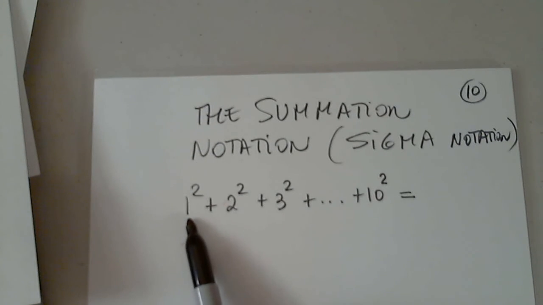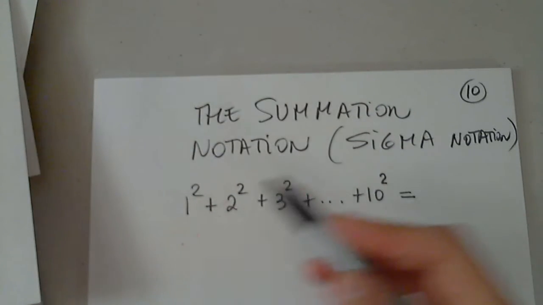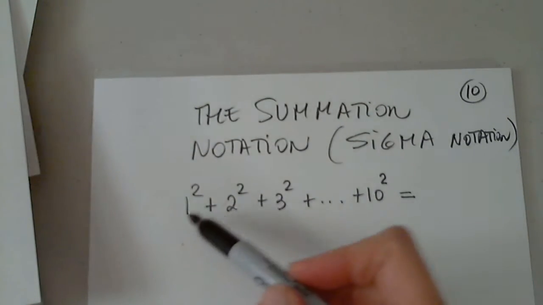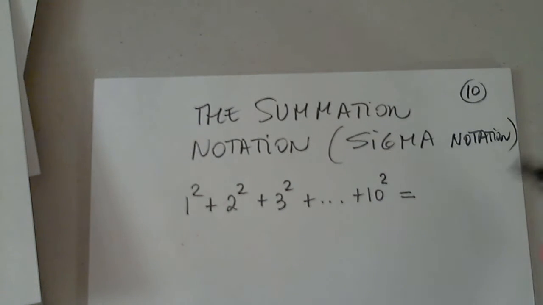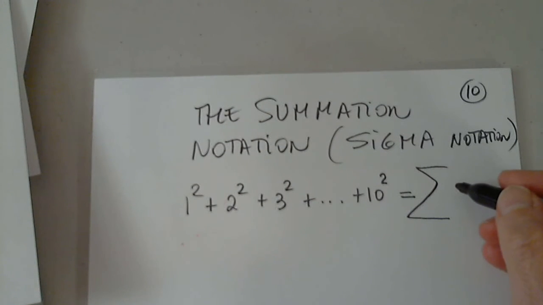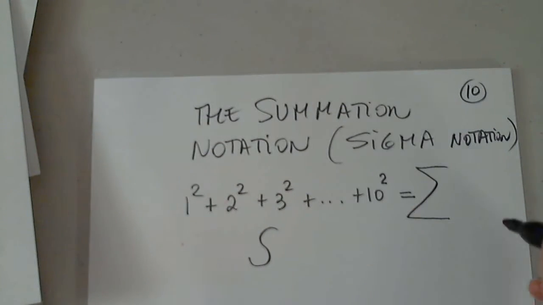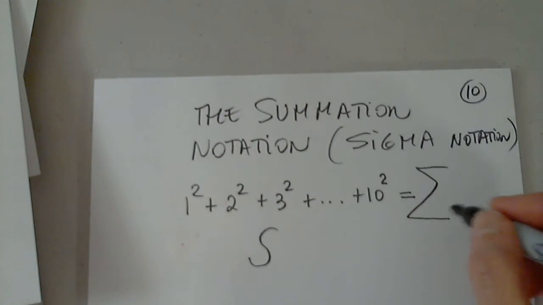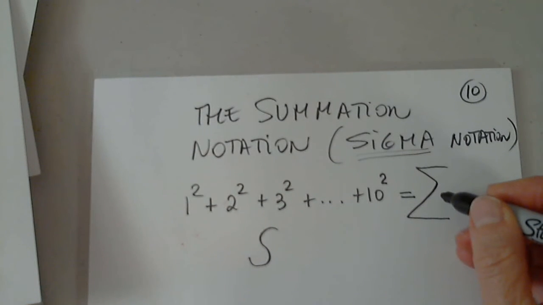So I see that the first element in the summation is 1. The last element is 10. The notation for the sum is this. It's basically S, but it's the Greek letter S, which is called sigma, uppercase sigma.